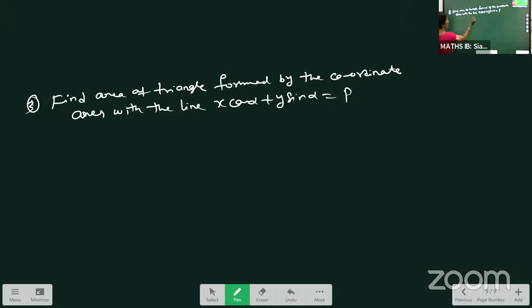One straight line is given. He is asking the area of the triangle. Immediately you have to remember the formula, if the straight line is in the form of ax plus by plus c. So the solution goes like this.